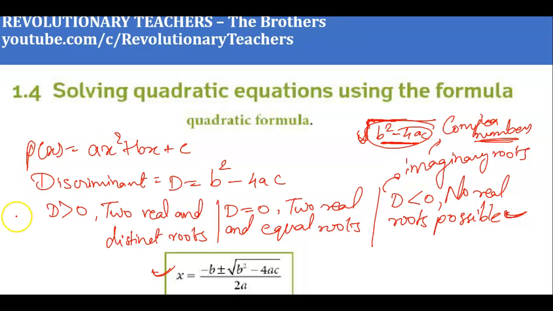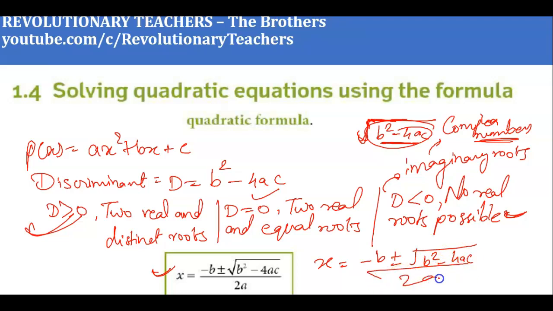Okay, children, for the first case, D greater than 0 and D equal to 0, your roots will be x = (−b ± √(b² − 4ac)) / 2a, and this is called the quadratic formula. I hope this is clear, children.